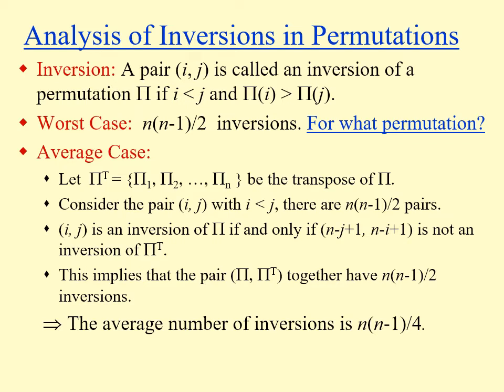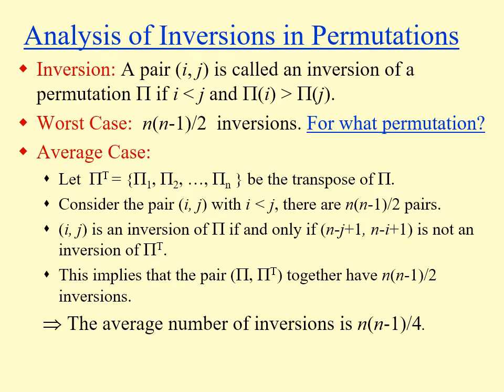To prove this, we use a method based on the transpose of the permutation. We count how many possible inversions there are in both the original permutation pi and the transpose, and then we take the average, just divide by 2. This is the basic idea.